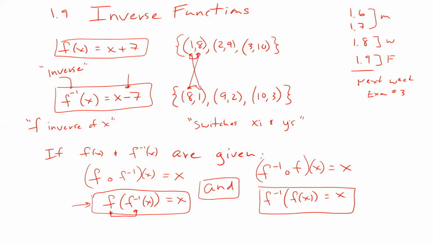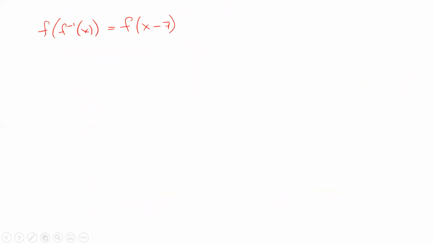You'll see how it all works together in just a second. Write this with me here, because we're actually proving something. We're proving that f and f inverse are inverses of each other. So we're plugging in x minus 7. What's my f function? x plus 7. So this guy comes in as x minus 7, and then we have a little plus 7 at the end.